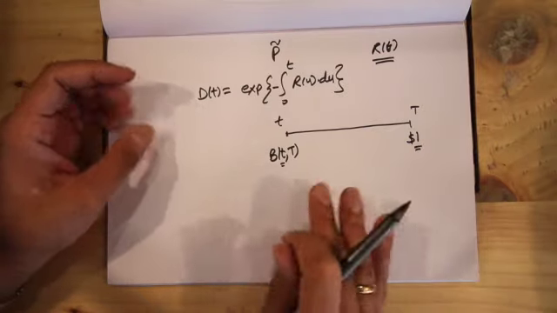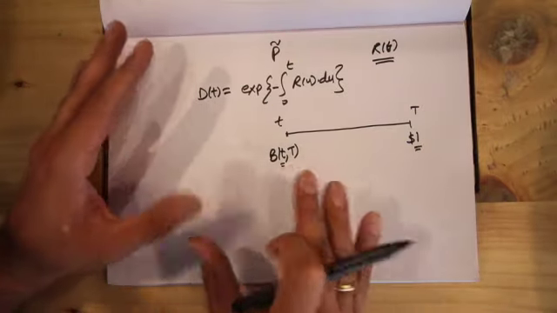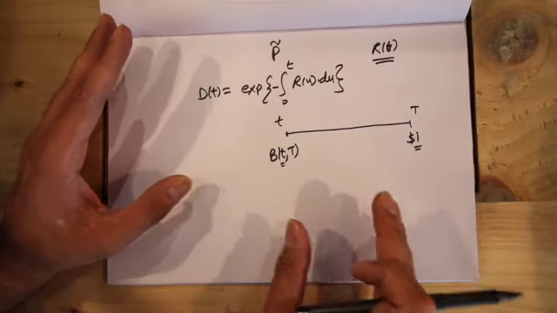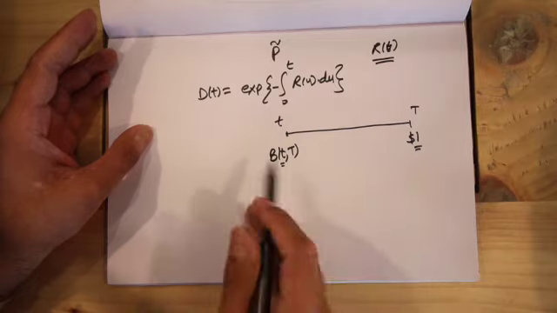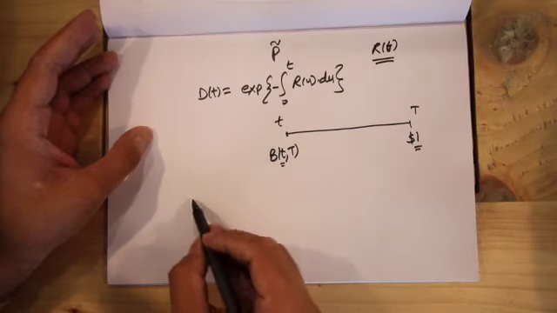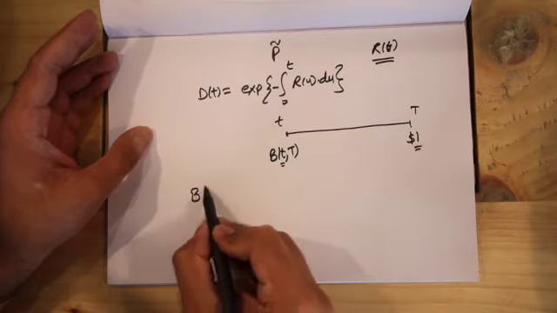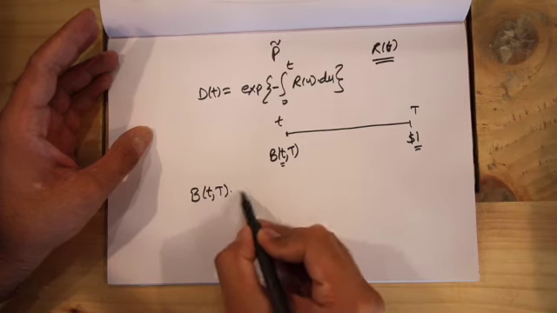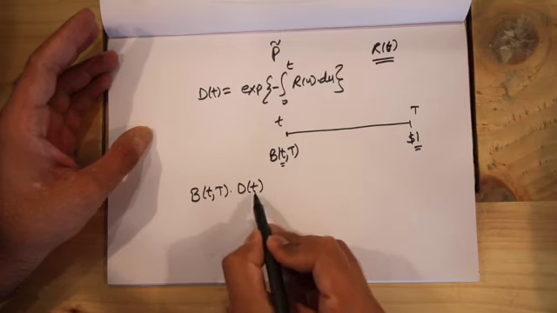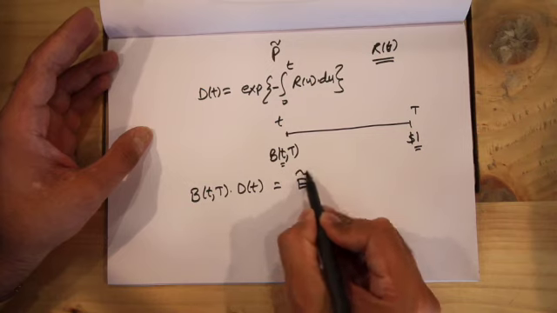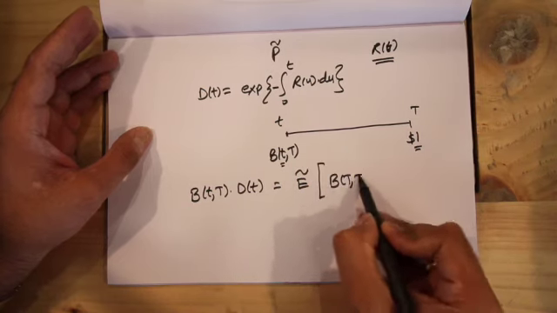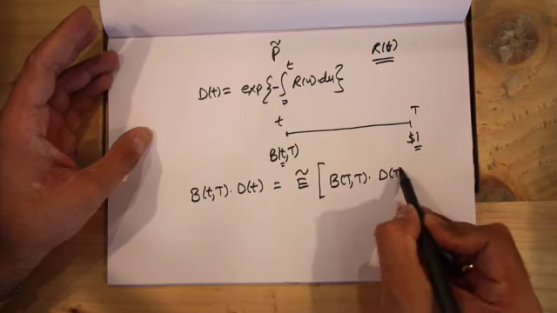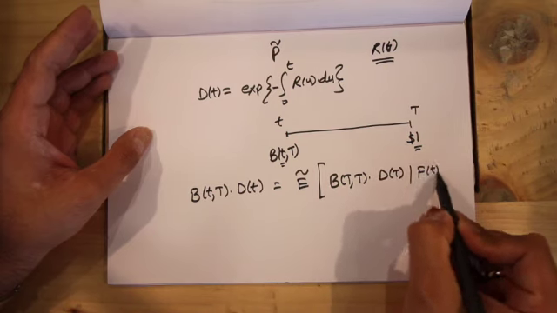Simple. Now, under our assumption, the discounted values of all assets are martingales. So let's use the risk neutral pricing formula on our zero coupon bond. We'll get B(t,T) times the discount factor D(t) is equal to the expected value under the risk neutral measure of B(T,T) D(T) given information at time t.